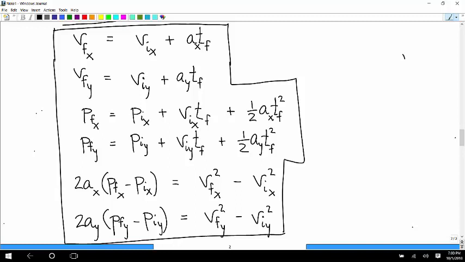And the whole thing would fall apart. You wouldn't be able to use it. It would just be a waste of time. So the fact that we didn't write down vfx means that we can't use this equation either. Okay. Any questions about that? So what we found is of these 6 equations, there are none that have pfx in it, and everything else in the equation is known. So none of these equations work.